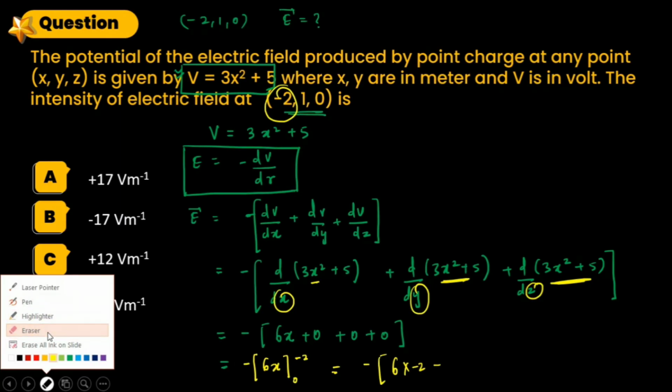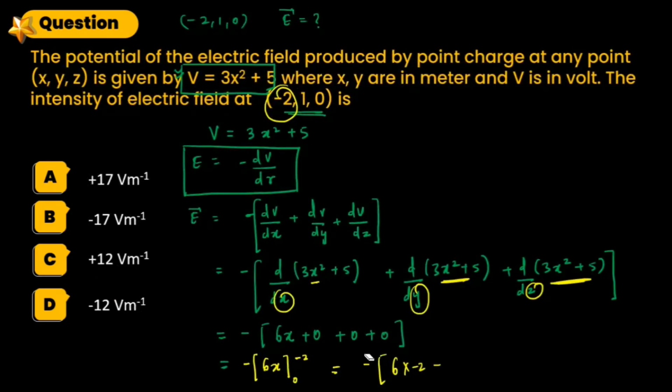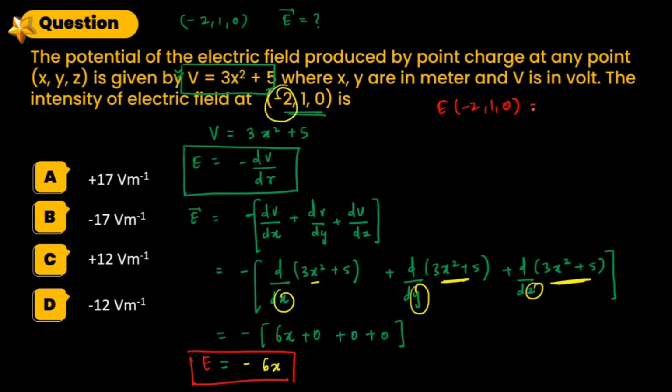One more thing here: we didn't actually integrate it, we just differentiated it, and when we differentiated it, we got 6x, and the electric field is the negative of it. So we substitute the x value, which is -2, and we get 12 volt per meter. This is going to be the electric field at this particular point.